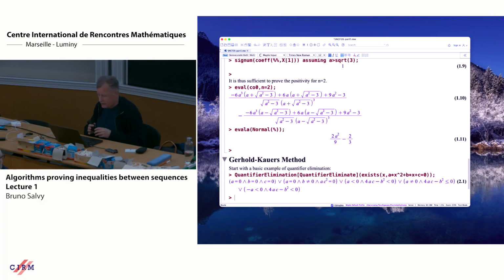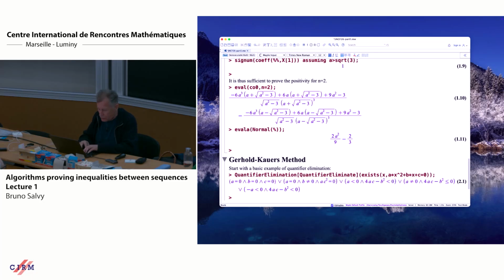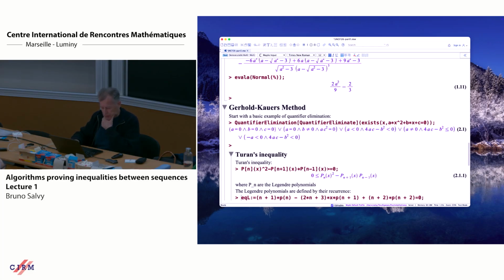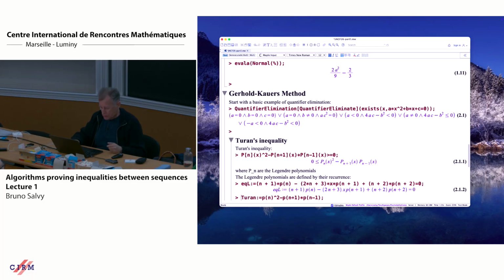And you get many things, but the one which is interesting to you is this one. If a is different from 0 and b squared minus 4ac is positive, then there are real roots. And then there are special degenerate cases when a equals 0. So that's what quantifier elimination does for you. It finds conditions under which you have a solution.